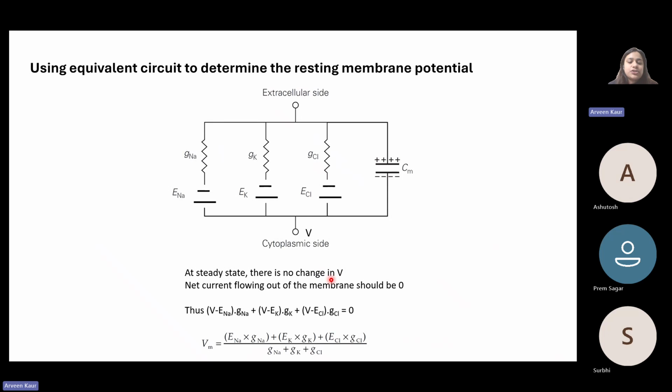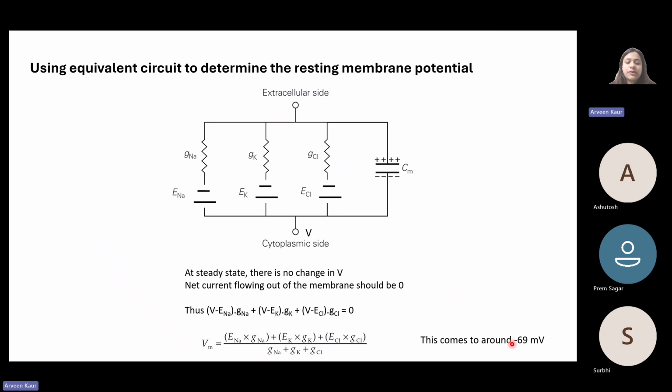So at steady state, there is no change in V, but the net current flowing out of the membrane should be zero, right? So thus V minus ENa into the conductance of Na, V minus EK into the conductance of K, and V minus ECl into the conductance of Cl is equal to zero. So this is the equation that we get.